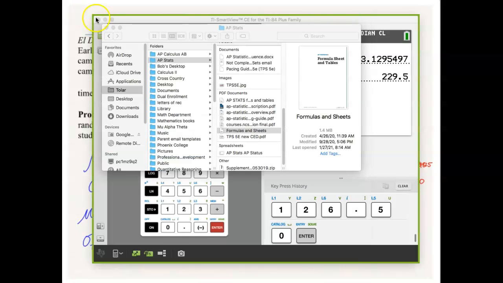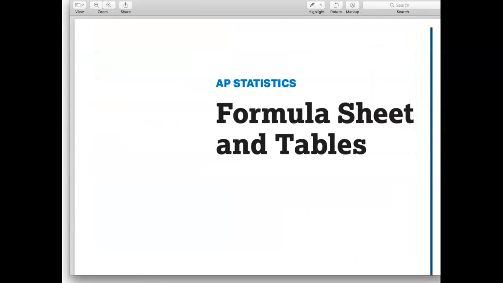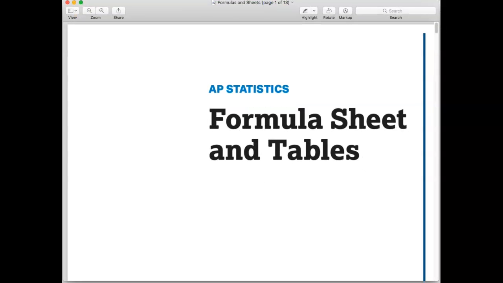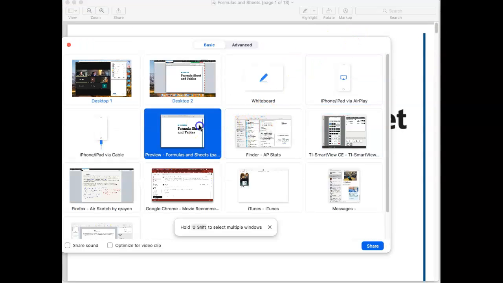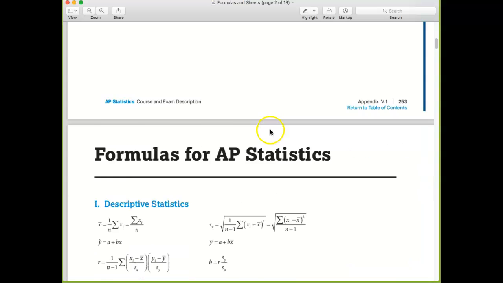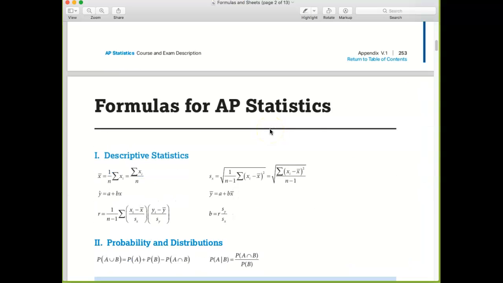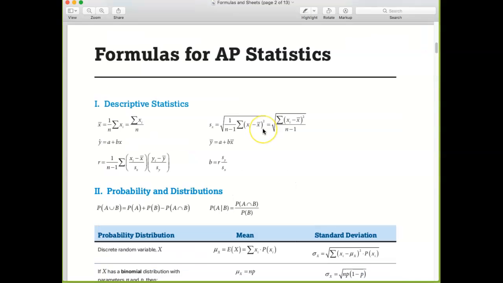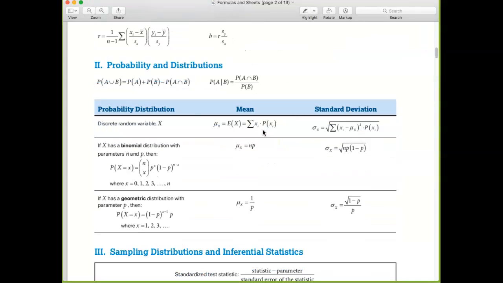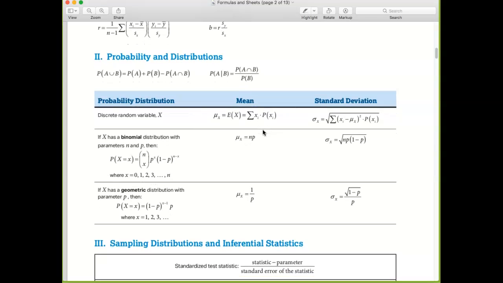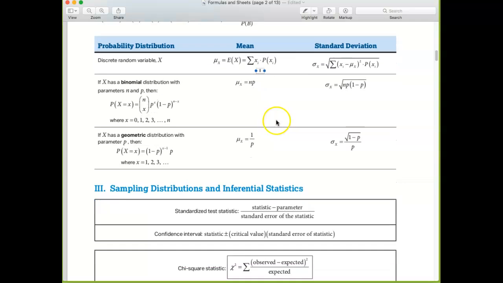They're actually on the formula sheet that you're given, which I'll share with you real quick. And this is in our supplemental section of the Canvas page. And so here you have your formula for the mean and your formula for the standard deviation of a discrete random variable.